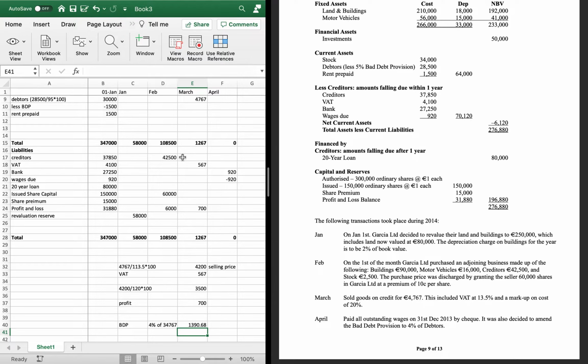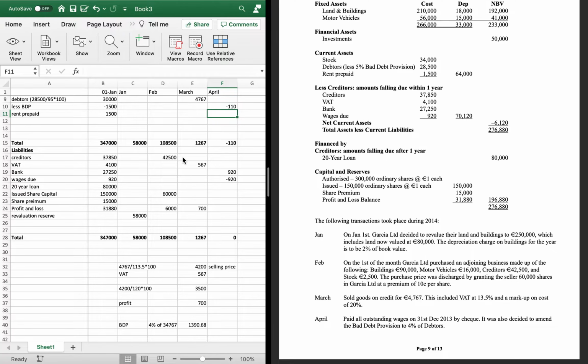So the BDP is going from 1500 down to 1390. So the difference between those two is 1390 minus 1500, which is 110 euros.